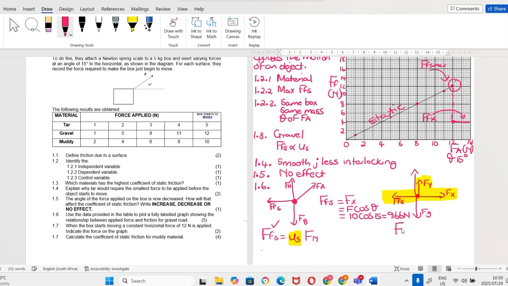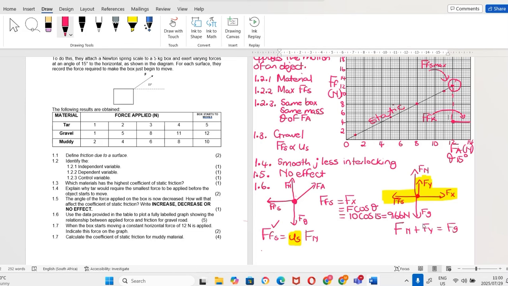So to do that, we could add up all forces that are acting upwards, because vectors that act in the same direction must be added. So we could say Fn plus Fy is equal to Fg. Now we know that the mass of the box is 5 kg. We can multiply that by 9.8 and get 49.